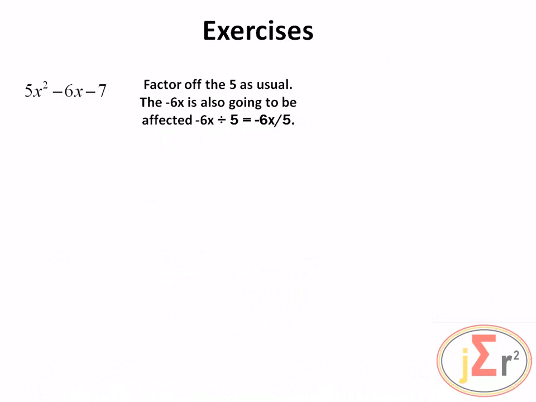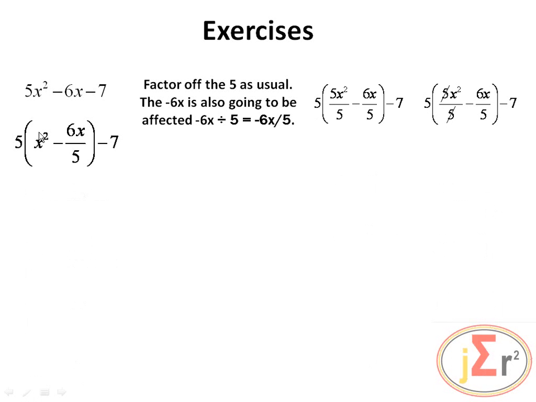Here's another one. So we're going to factor off the 5 as usual. And what will happen? How do we factor? We factor by saying 5 into 5x squared is x squared, and 5 into negative 6x, because it does not go without leaving a remainder, we just leave it as 6x over 5.